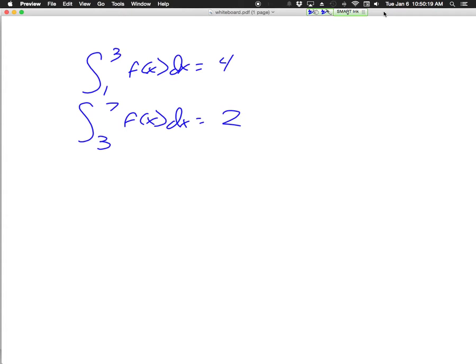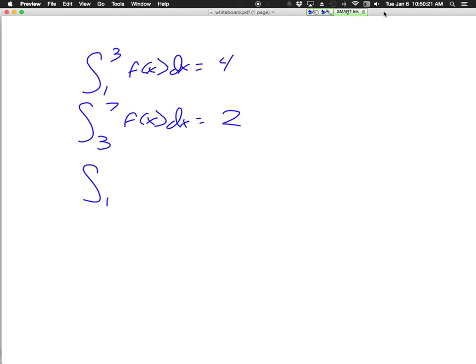Alright, let's say I have the integral from 1 to 3 of f of x dx equals 4, and the integral from 3 to 7 of f of x dx equals 2.